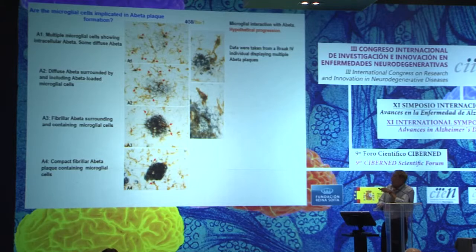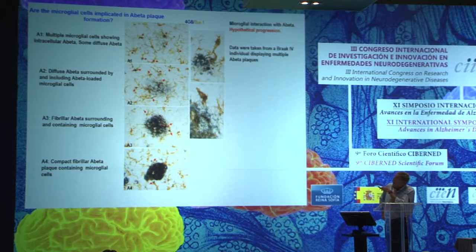And interestingly, this is a hypothetical progression of the A-beta plaque. This is not real. These are pictures taken from the same individual with Braak pathology, in which we try to correlate the deposition of A-beta and the position of the microglial cells.